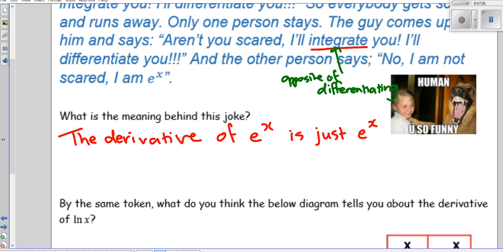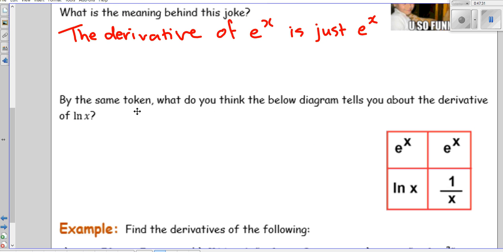All right, cool. So by the same token, what do you think the below diagram tells you about the derivative of ln x? That is 1 over x. It's 1 over x, that's all. So in our course we don't have to bother learning why, we just have to accept it, because the reason why is quite complex. You could think of this as being y, then this would be dy/dx.